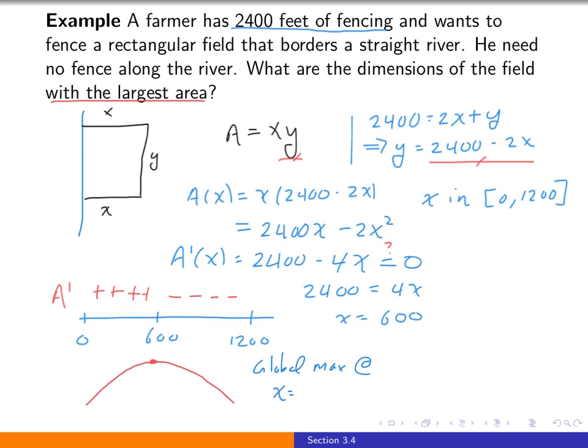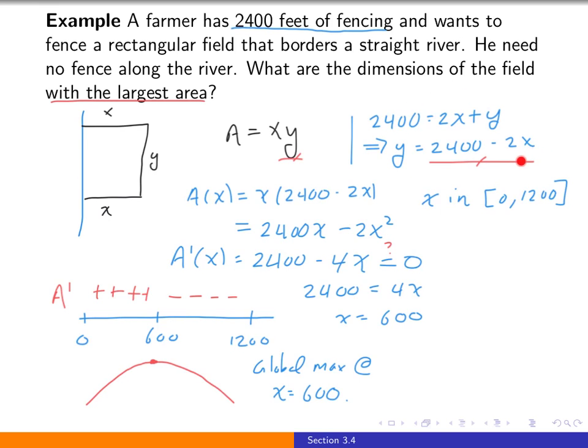So the observation is that we have a global maximum at x equals 600. And then we just have to make sure to go back to the question that we've been asked and make sure that we're answering it. What we've been asked to find are the dimensions of the field with the largest area. So the largest area corresponds to when x is 600. But what is y? At this point, we always go back to that bit of information that we used to reduce the variables.